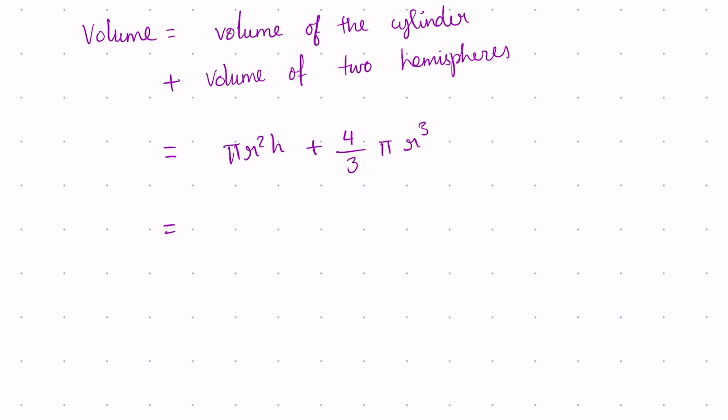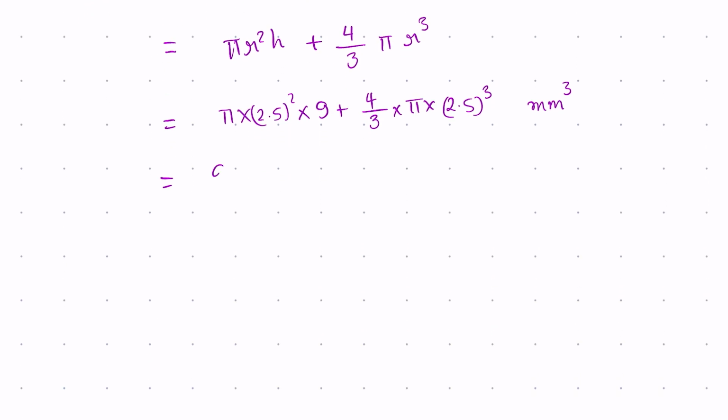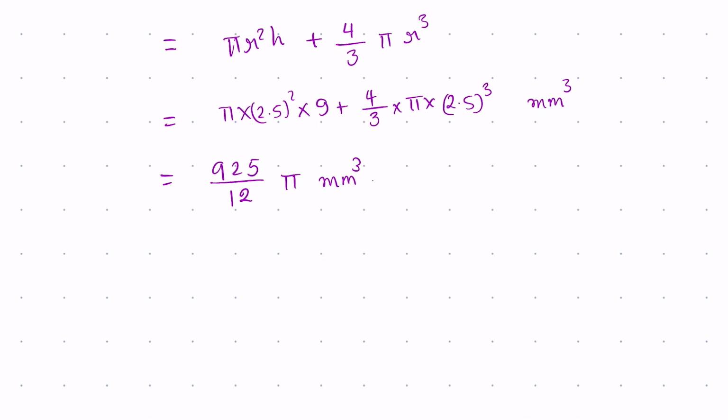So that's equal to pi times 2.5 squared times 9 plus 4 by 3 times pi times 2.5 cubed, and the unit would be millimeter cubed. So that is equal to 925 divided by 12 pi millimeter cubed. If you want to simplify, you can just plug in the value for pi, but I'll leave it here.